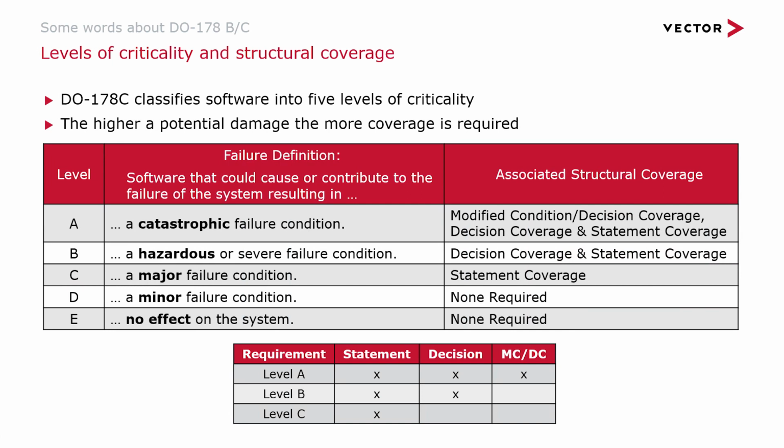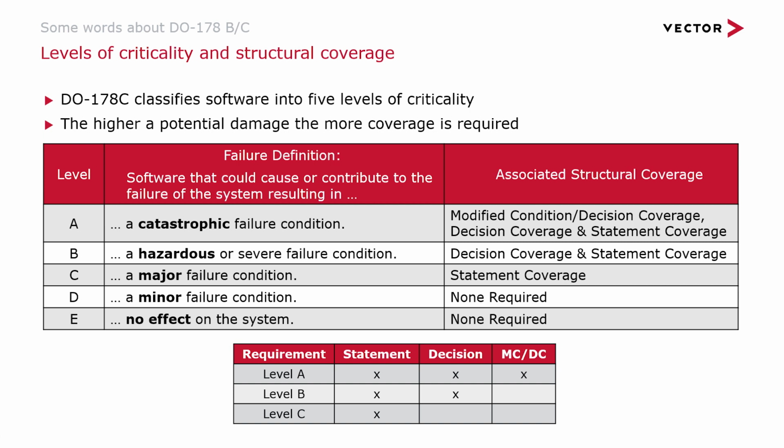Also, the DO-178 clarifies that you should measure code coverage and also which level of code coverage. And the level of code coverage is linked to the criticality of your product. The higher the criticality, the more code coverage you should measure.